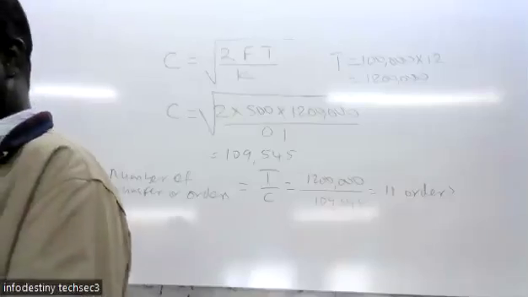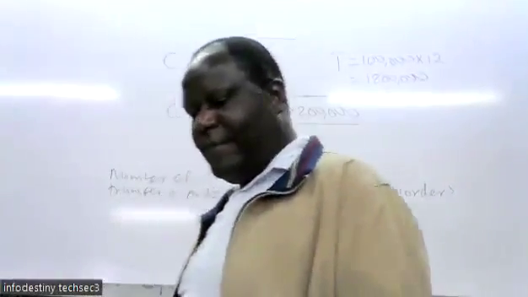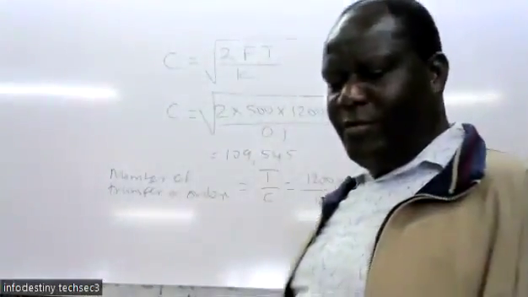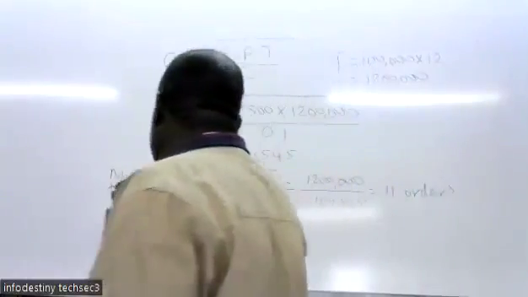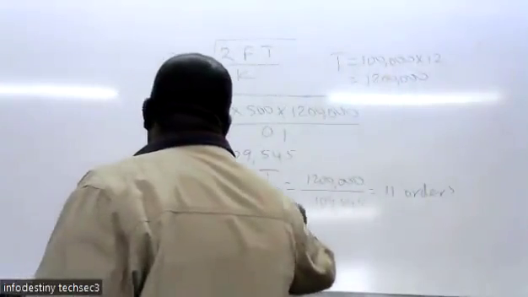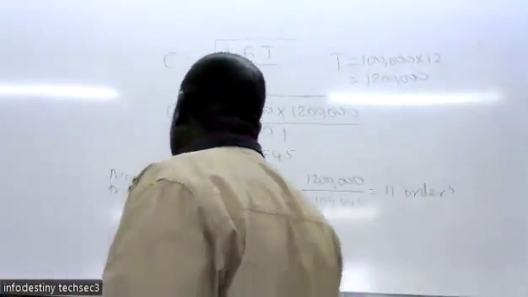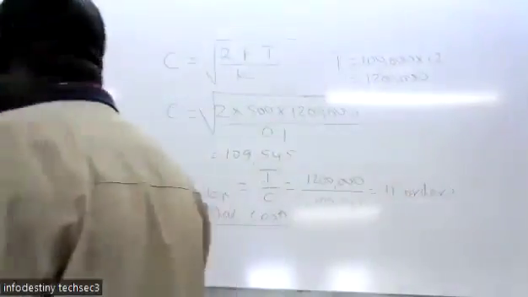We go to Roman letter 3, total cost of making the transactions. So they want you to get the total cost. We start with holding costs.